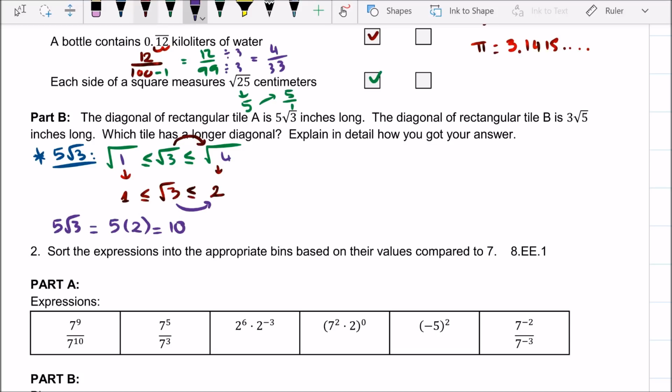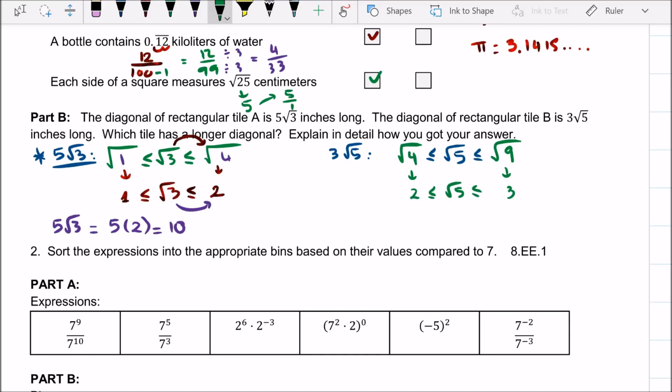We're going to do the same for the second tile, 3 square root of 5. Square root of 5 lies between two perfect squares, square root of 9 and square root of 4. Square root of 4 is 2, square root of 9 is 3.